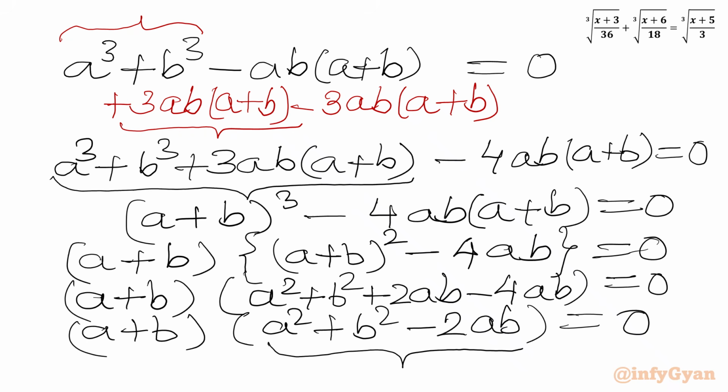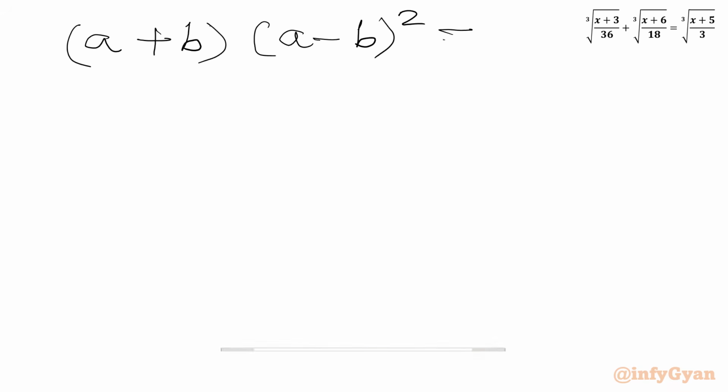This is again one formula, a minus b whole square. So we can write a plus b times a minus b whole square equal to 0. Now we can apply the zero product rule.